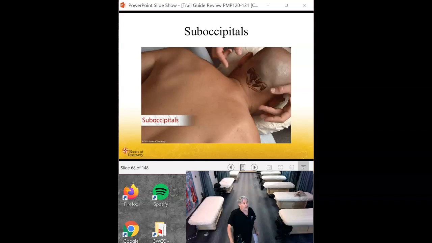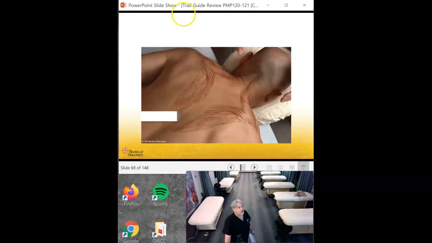Mr. Snell. Yes, sir. What is this big, beautiful muscle, sir? That is the trapezius. Sir, you couldn't be more right. Sir, what is the action of the upper fibers of the trapezius?